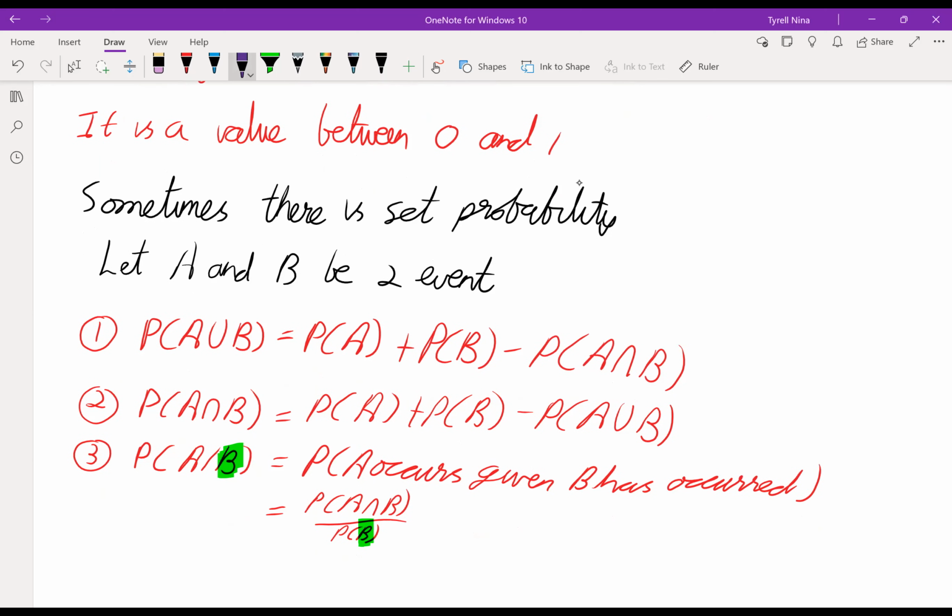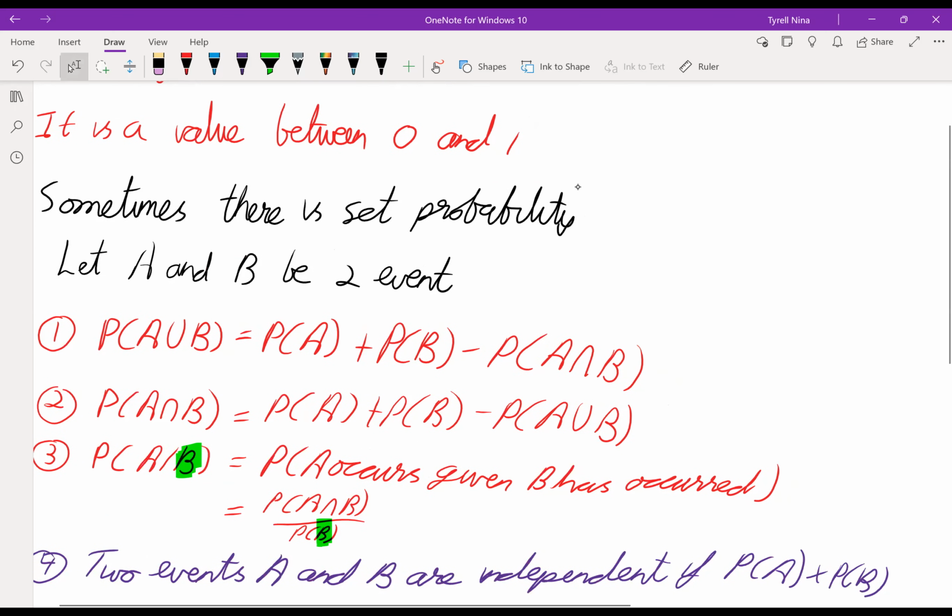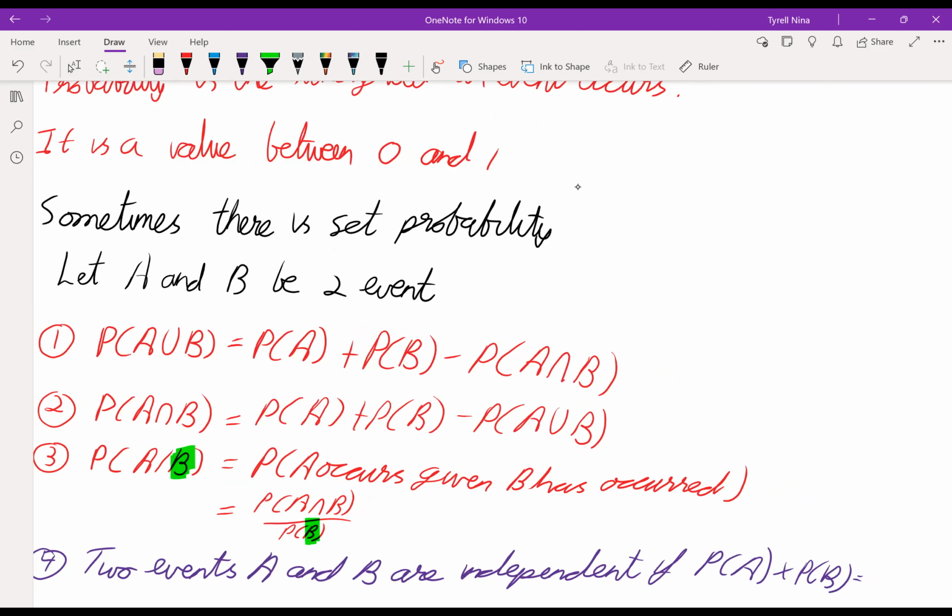All right, the fourth one, 4. The two events A and B are independent if the probability of A times the probability of B is the same as the probability of A intersect B. Right now, this is almost for sure.